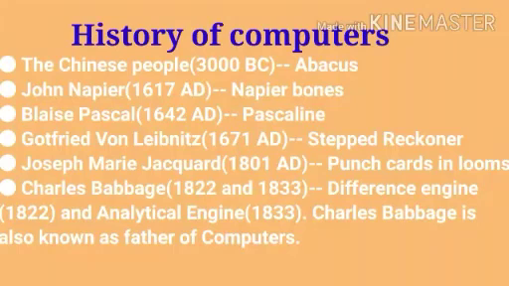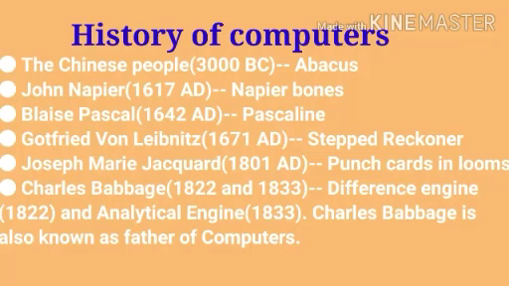In 3000 BC, the Chinese people developed the abacus, a counting device made of a wooden frame and beads. In 1617 AD, John Napier, a Scottish mathematician, developed a manual calculating device named Napier's Bones.